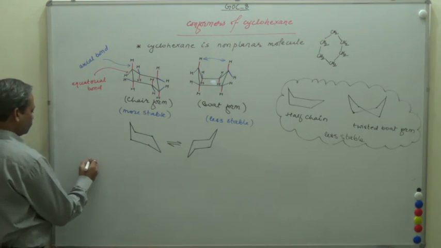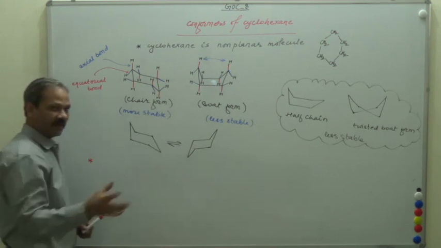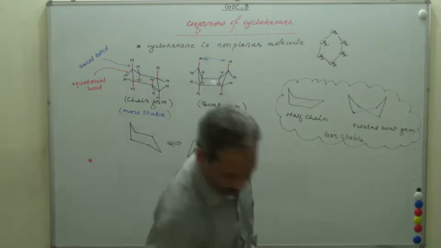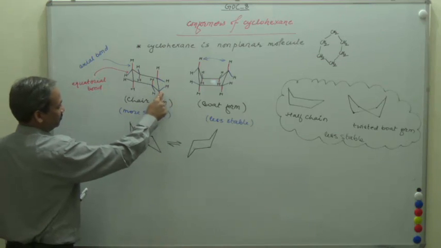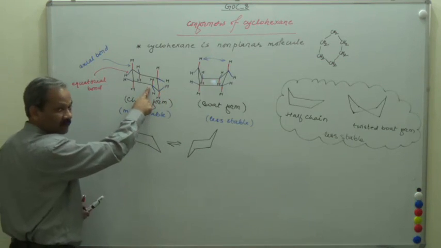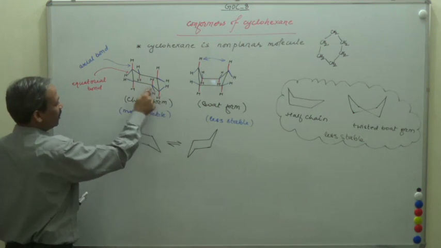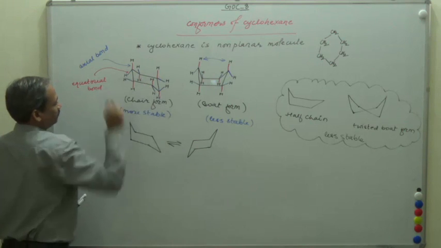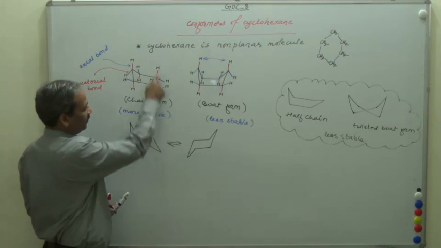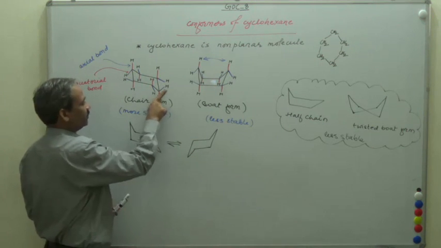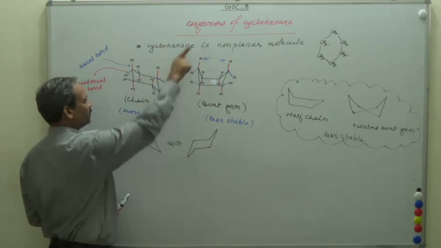So the axial bonds of adjacent carbon atoms are in opposite directions. If the axial of this carbon atom is down, then the axial of its neighboring carbon atom will be up, then the axial of its neighboring carbon atom will be down. So down, up, down, up, down, up. Similarly, the equatorial of this carbon atom is projecting downward, while the equatorial of this carbon is projecting upward.